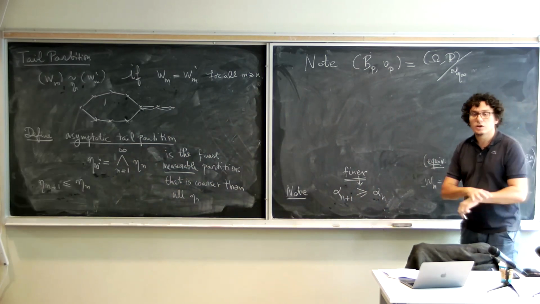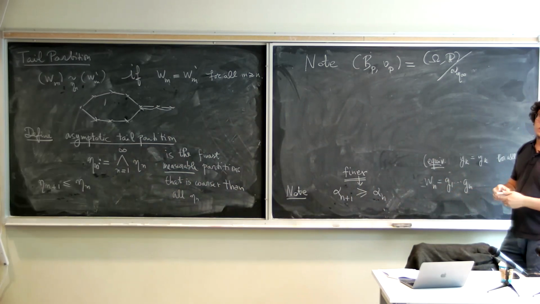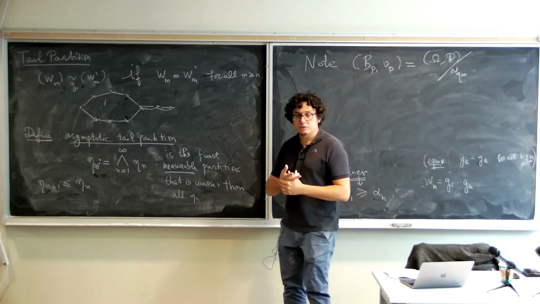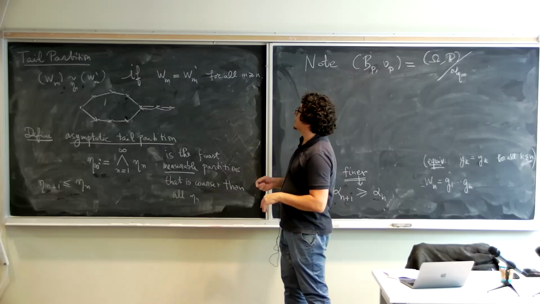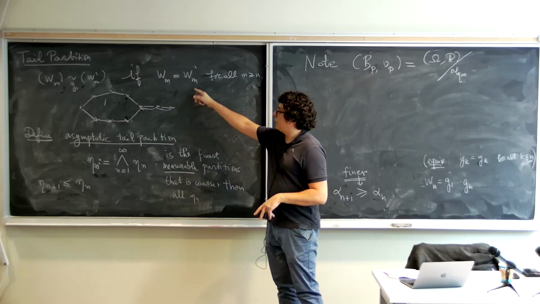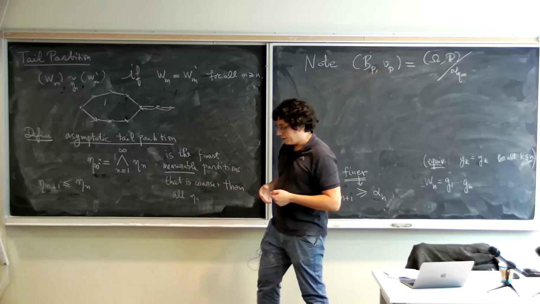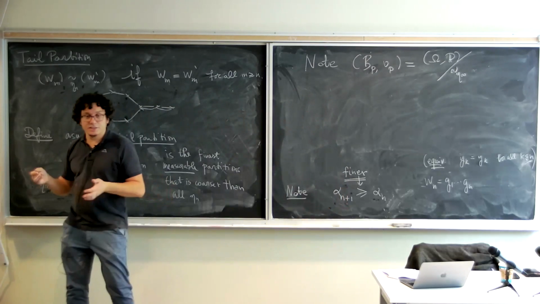Question: if we show Wn equals W prime n plus one, then these are not separated by this partition, right? Correct. A priori, the asynchronous one has larger equivalence classes.